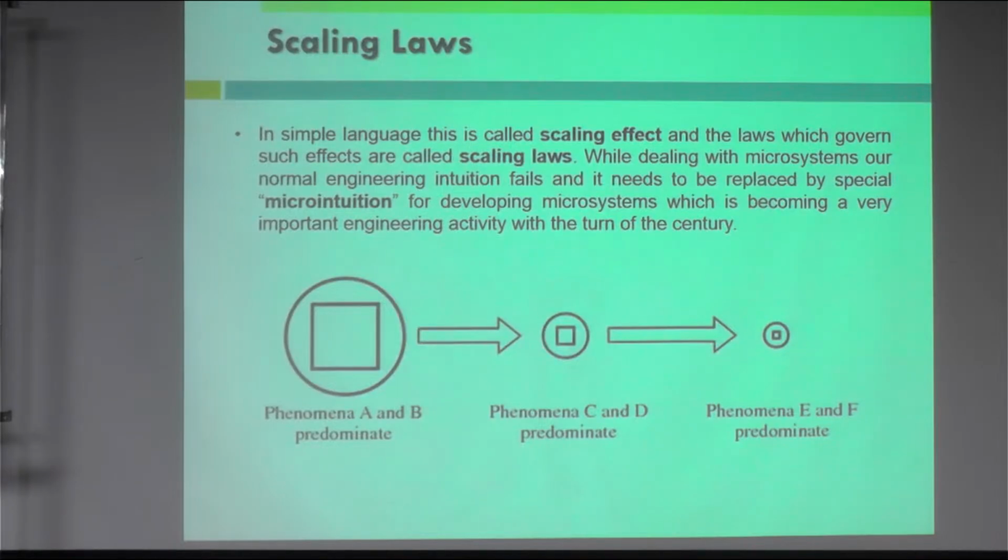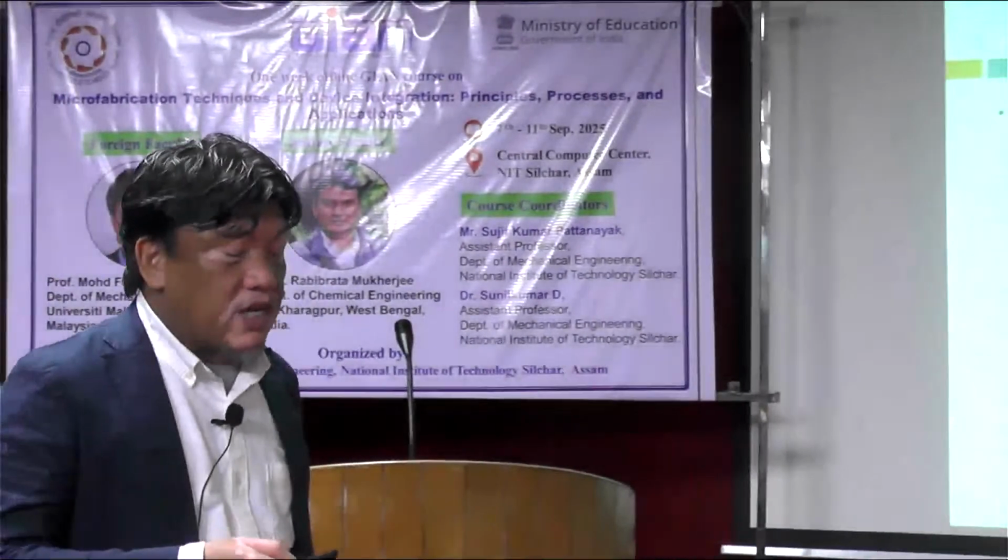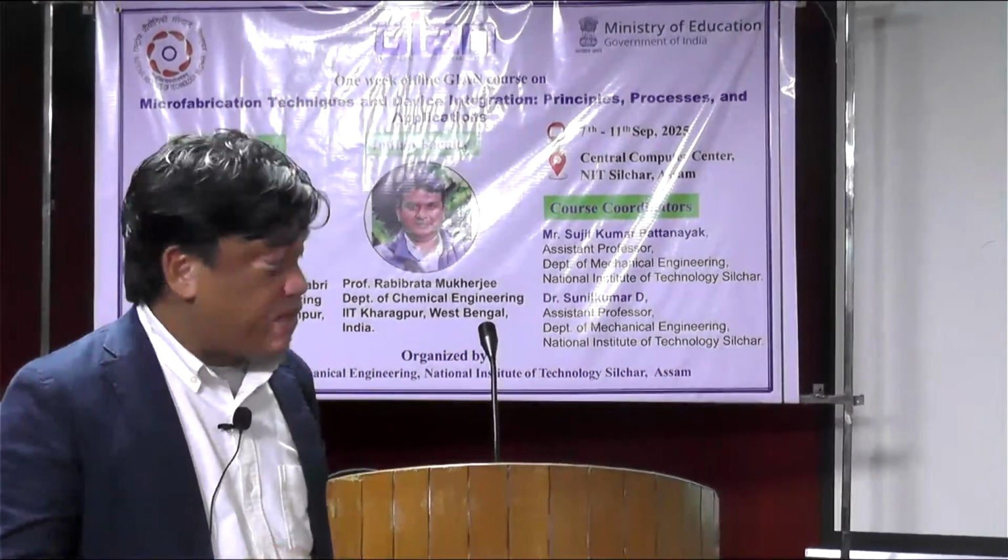So, let's say, in the range of 500 to 800 micrometer, it behaves differently. But then you go down to nano, and different phenomena will happen to the properties and behavior of the material at different scale.